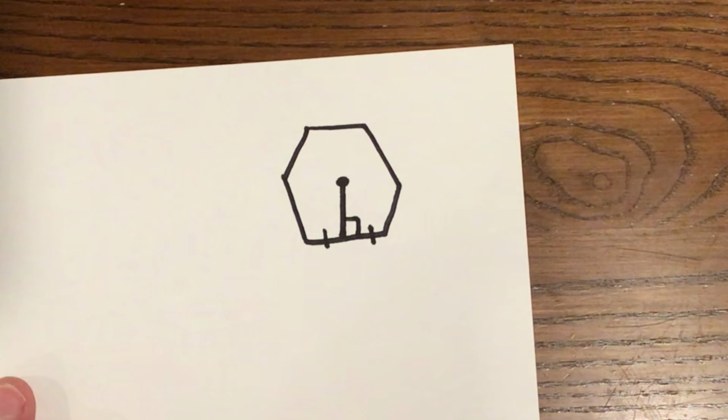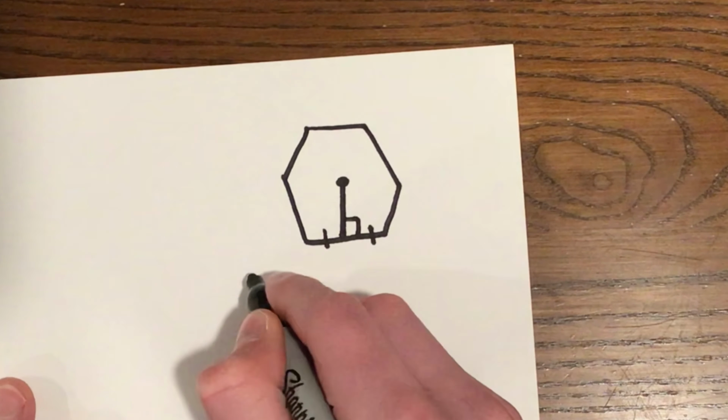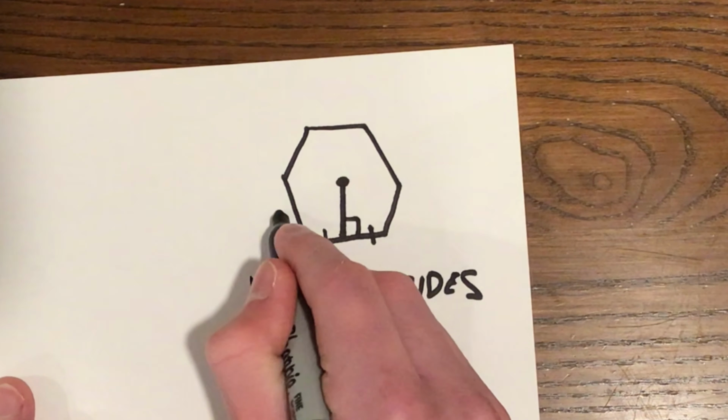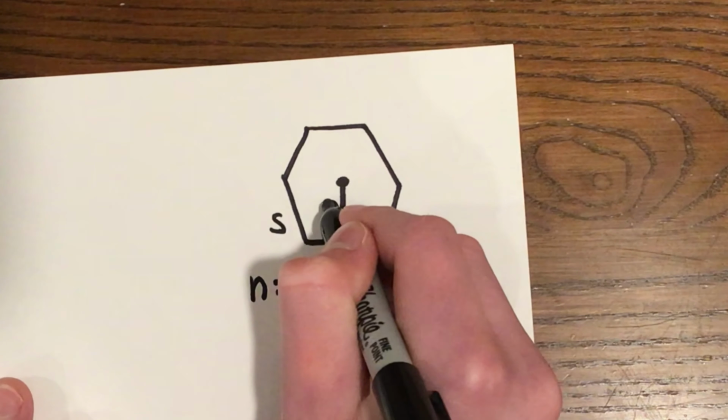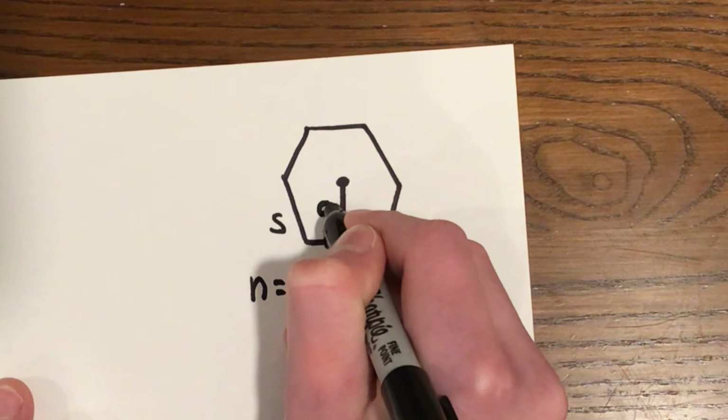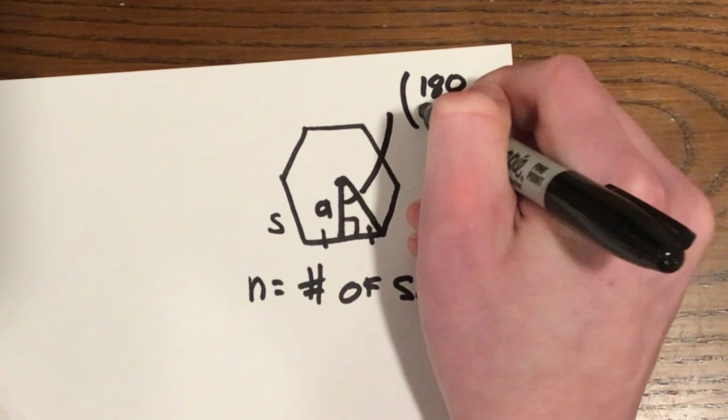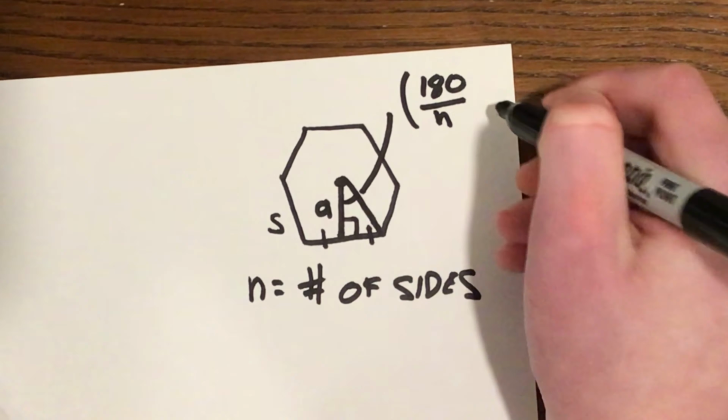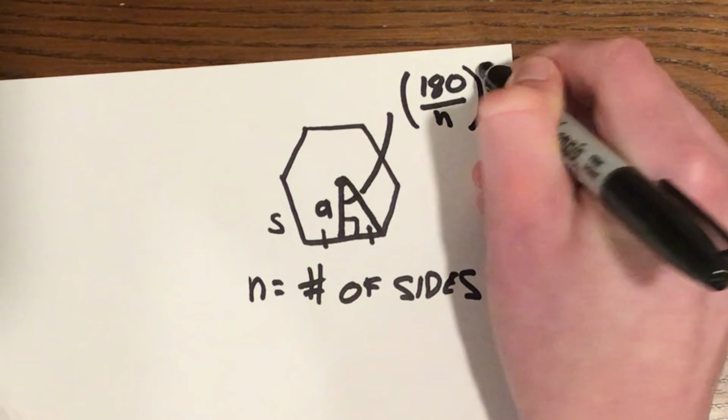For future reference, we're going to call the number of sides in our polygon n, the side length s, and the apothem length a. If we draw in this segment right here, we get a right triangle. This angle here has a measure of 180 over n degrees, because it is half of the center angle of the polygon.